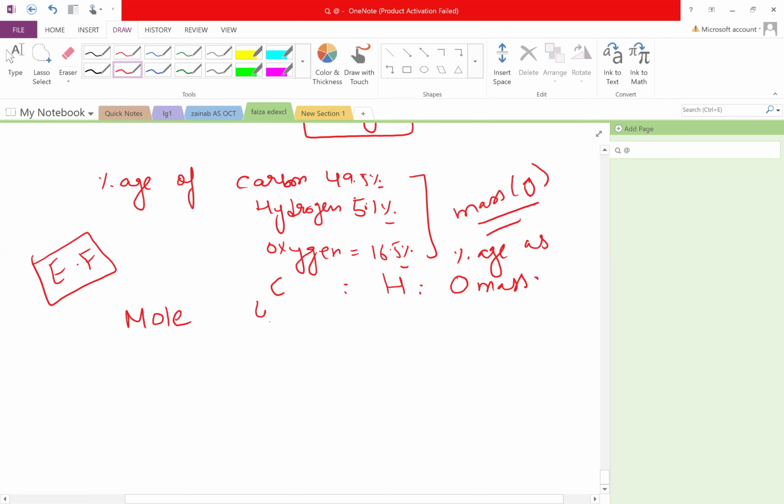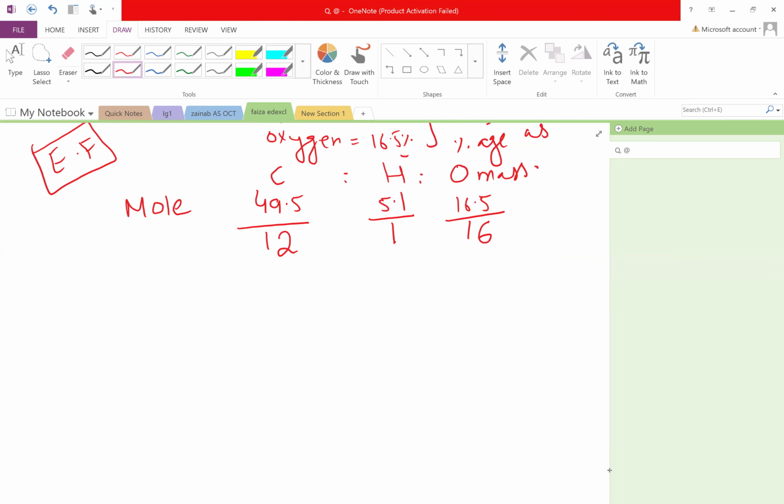So that means 49.5 divided by what is the molar mass of carbon? From the periodic table, is it 12? Yes, it is 12. Hydrogen is 1, oxygen is 16. So calculate the moles for all of these.